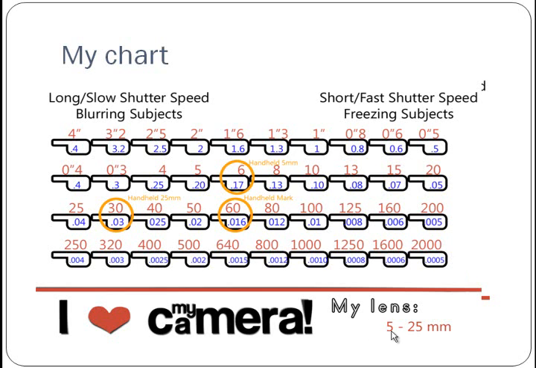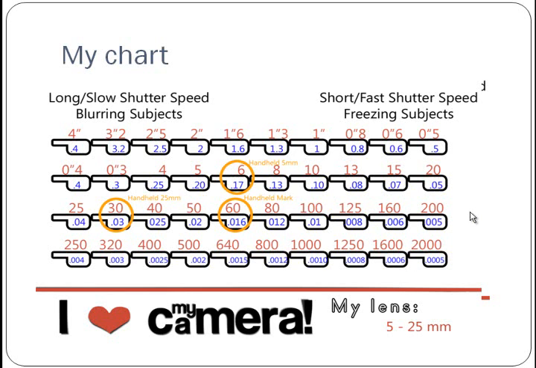And then here we go, we have our 5, which is 1/5, and if I want something faster in general, zoomed all the way in, I would want 6, and 25, something faster, would be 30, which both of those are faster than the 60th general rule. So go figure.